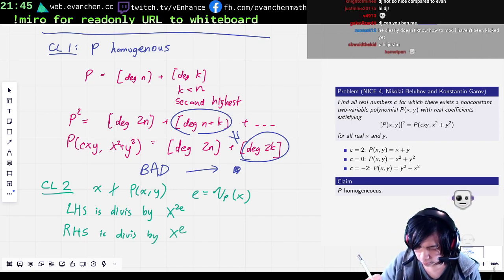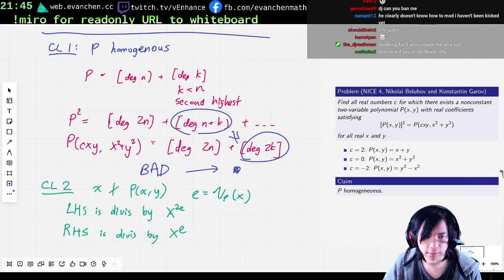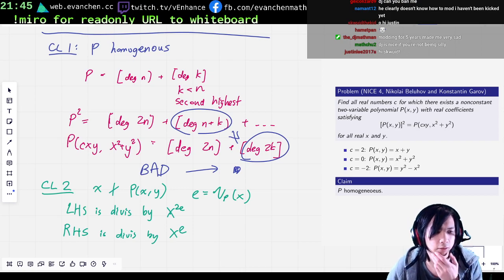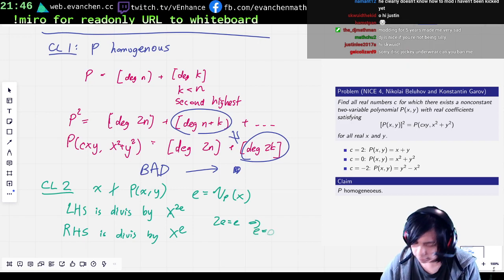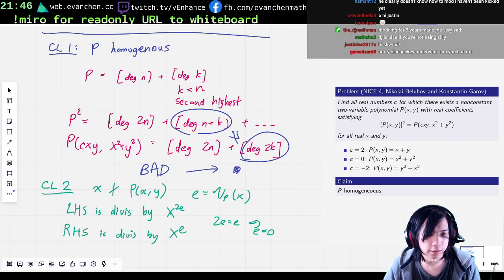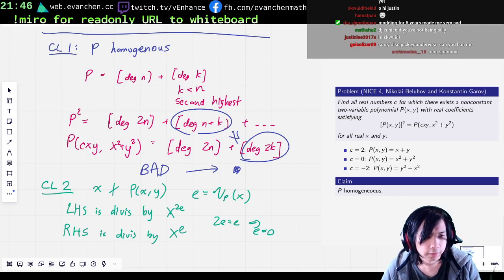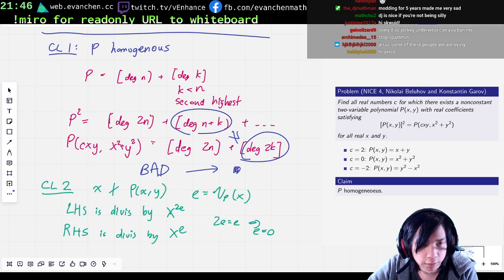Can't get higher than that. So you get the cxy, and then the x squared plus y squared will mix in. So 2e equals e implies e equals 0. So P is basically a bona fide one-variable polynomial now. So minor claim, x doesn't divide P.